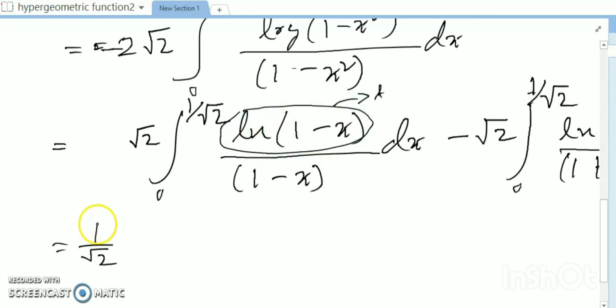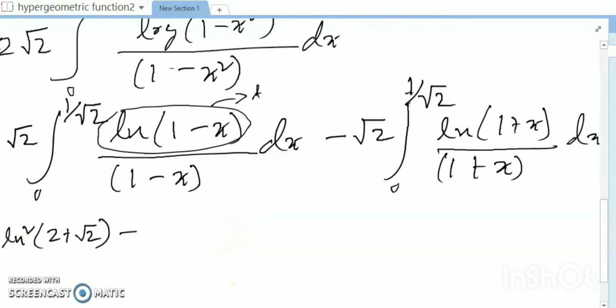So whatever I get is 1 by root 2 ln square (2 plus root 2), minus 1 by root 2 ln square (2 minus root 2). Very simple.